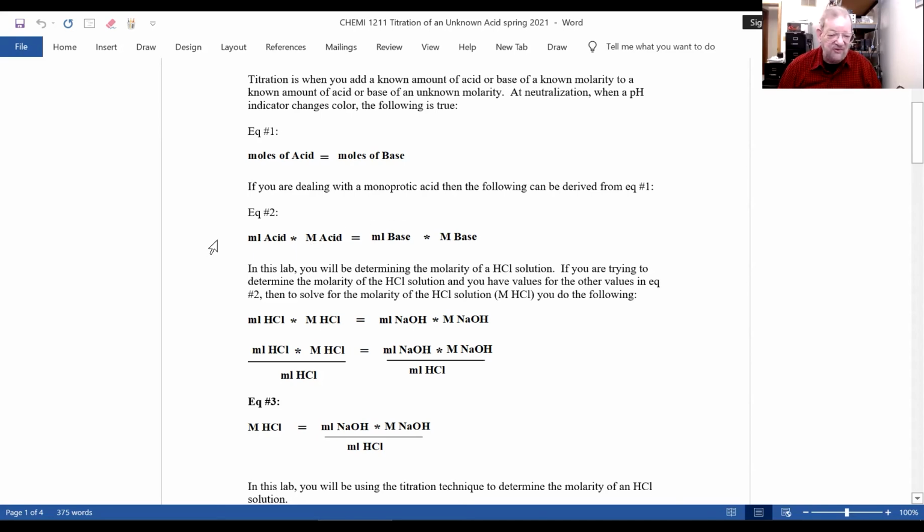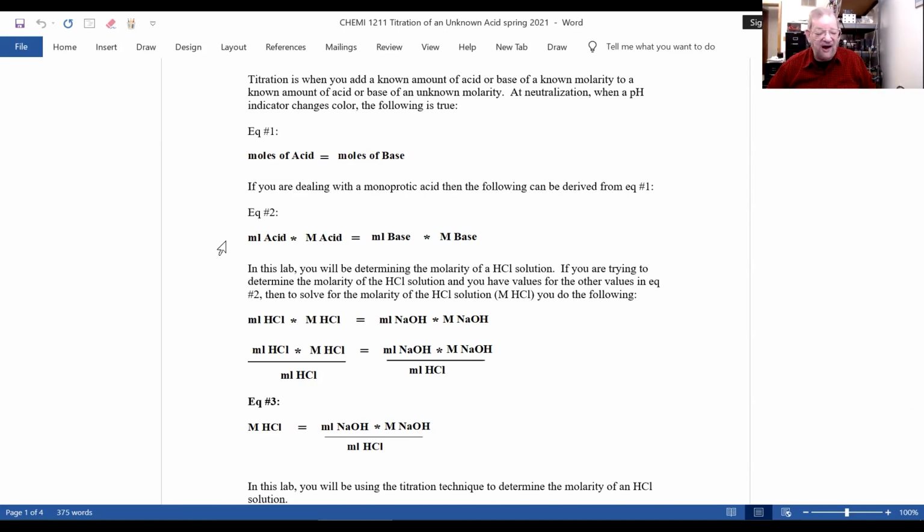That means it only has one proton, H plus, it can give up, which is what we'll do in this course. Sulfuric acid is diprotic, we won't do that in this course. Now, in this lab, you'll be determining the molarity of an unknown HCl solution, HCl, hydrochloric acid.